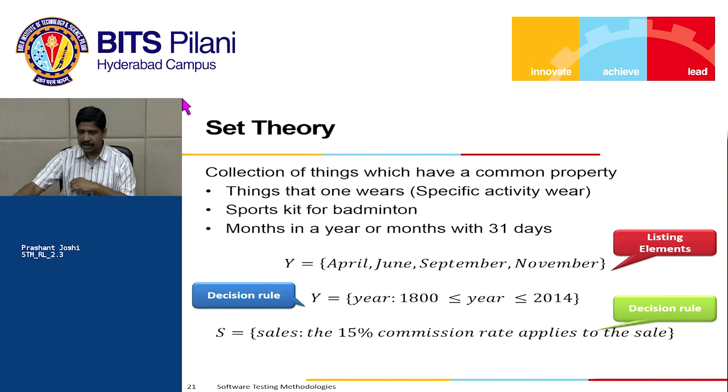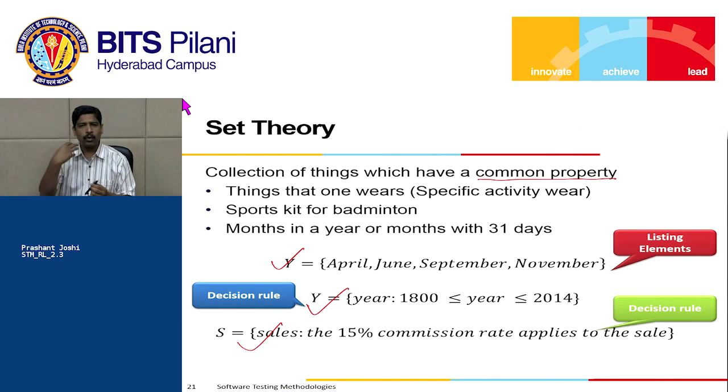And there are various representations that you can have in terms of listing elements, giving a decision rule, or another way of decision rule where we are talking about percentage of commission. This starts putting together some of these elements which make sense and all of them have a common property. This is what we'll need many times. The whole thinking is around that common property.